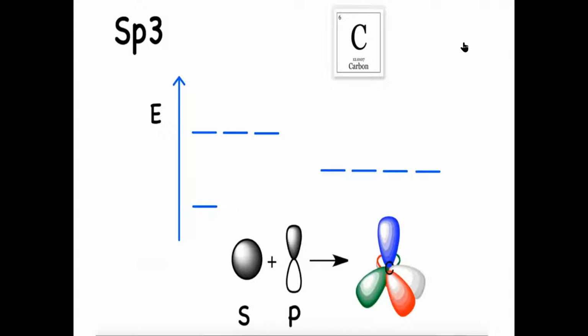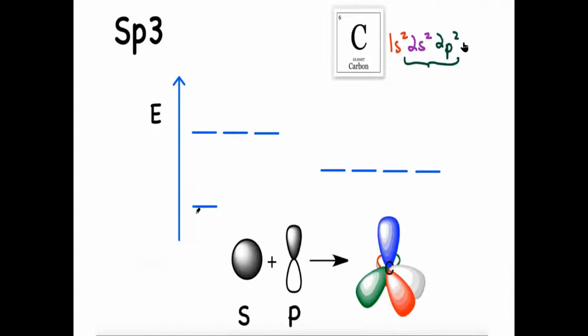Now let's see how sp3 hybridized carbons come together. If you recall, carbon has 6 electrons, and the electronic configuration is 1s2, 2s2, and then 2p2. We're concerned with the valence electrons of carbon, so notice carbon has 4 valence electrons.